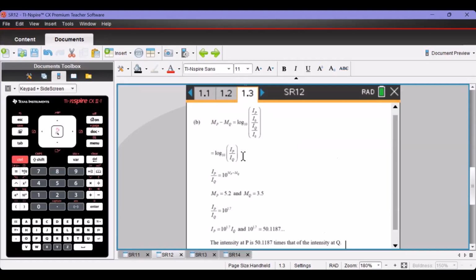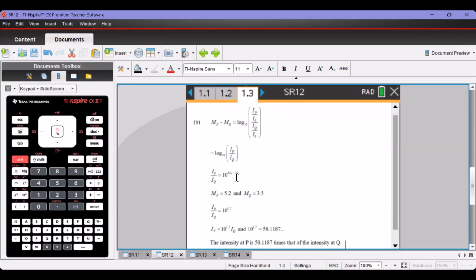Now, we need to get an expression for the intensity of the earthquake at P in terms of the intensity of the earthquake at Q. In other words, we need to obtain IP in terms of IQ. So in moving from line 2 to line 3, we're exponentiating. We're raising both sides to the power of 10, and they've swapped sides.